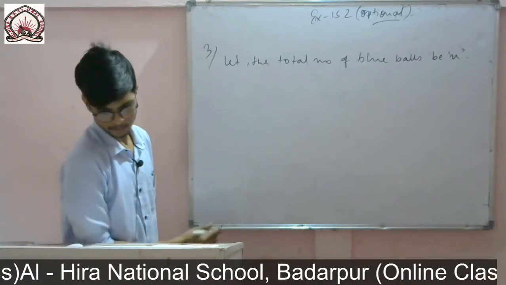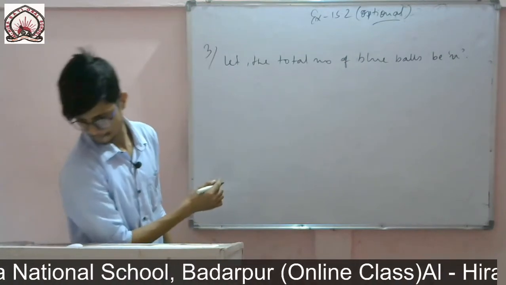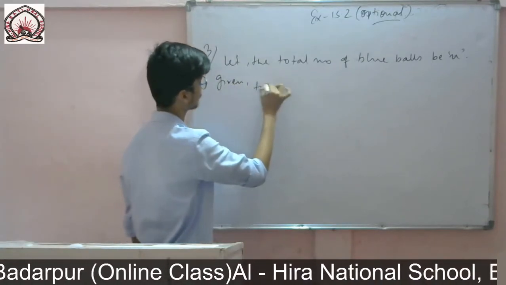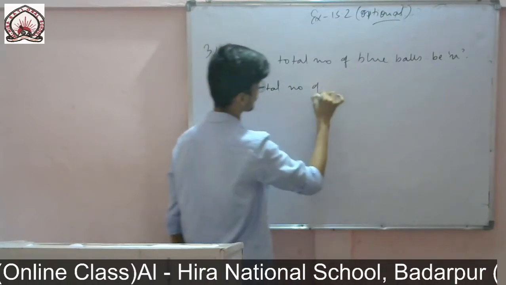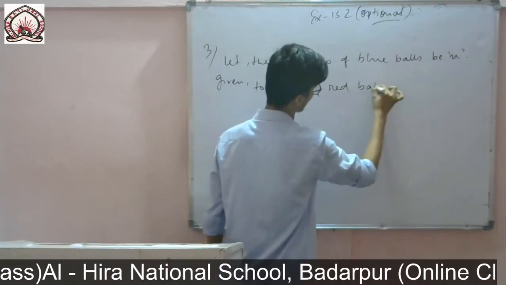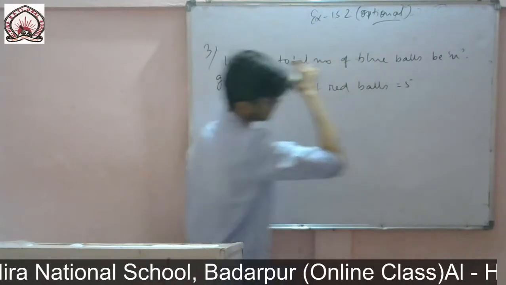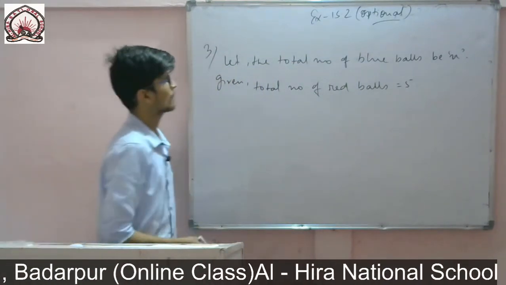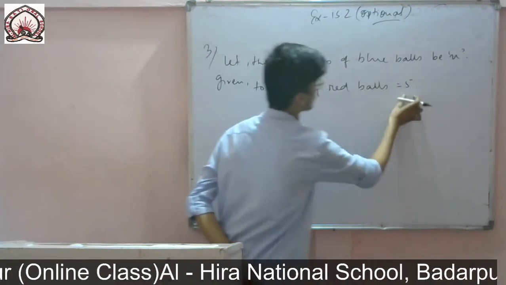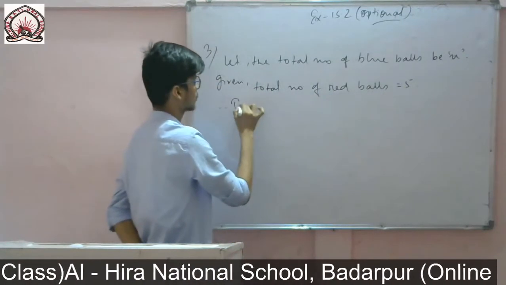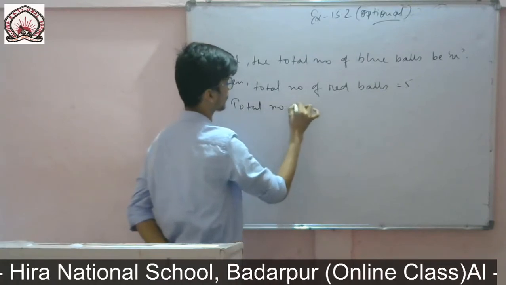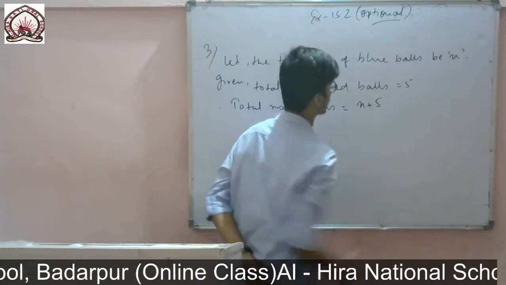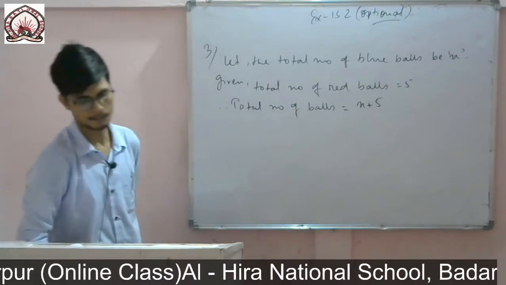Given total number of red balls is equal to 5. That means total number of balls will be blue plus red, that means x plus 5.